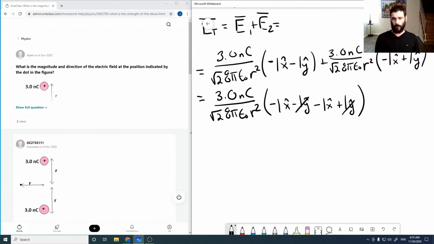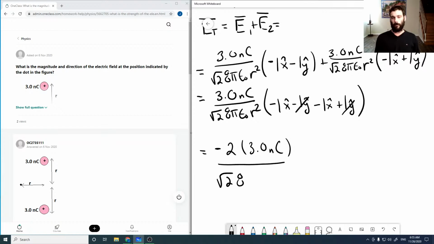And then this is going to give us our final answer, which is minus 2 times 3.0 nanocoulombs over root 2 8 pi epsilon naught r squared x hat.